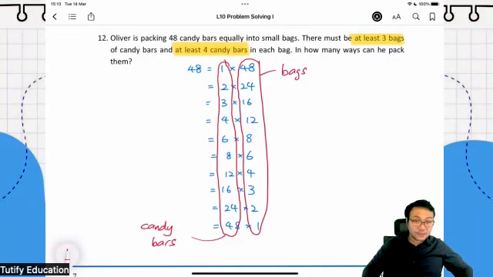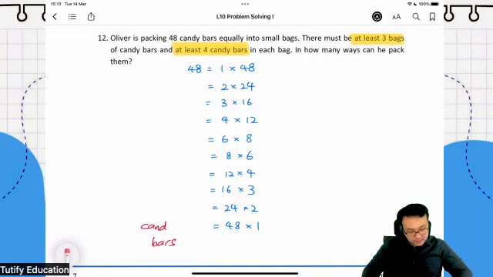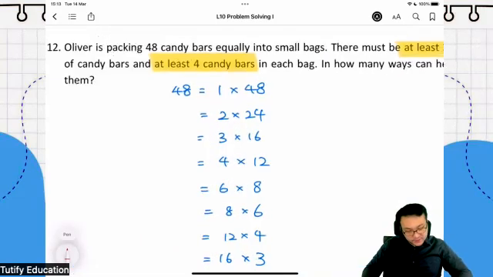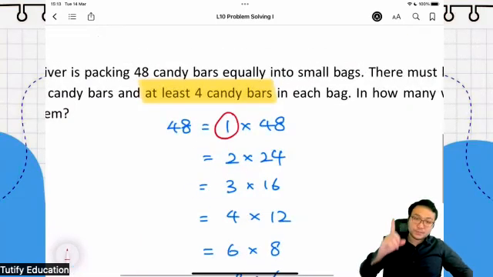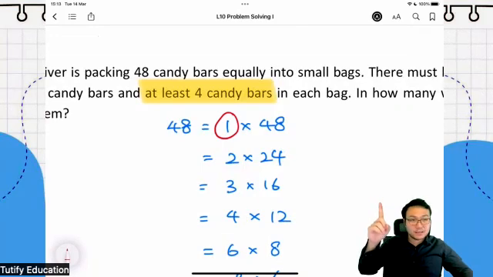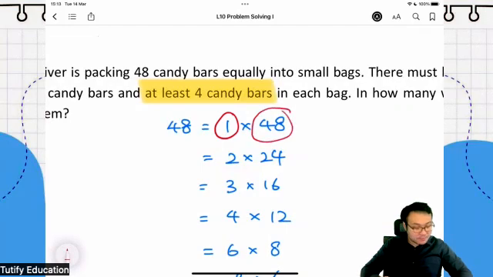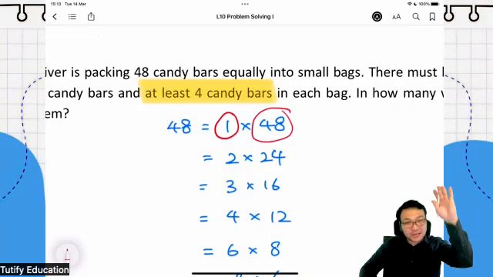Understand? So for example, if you read the first one, the first line, what am I doing? I'm putting 1 candy bar in each bag, and I'm gonna have 48 bags all together. Now, is this allowed? Who says allowed? Okay, who says not allowed?